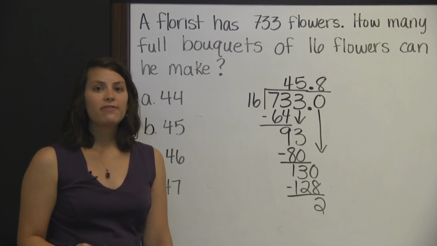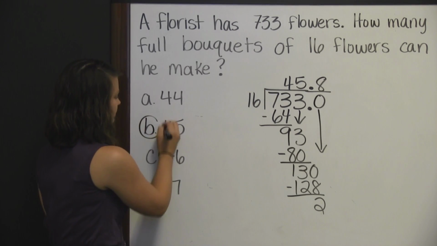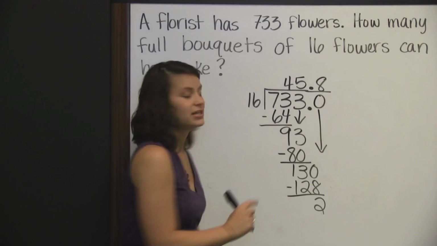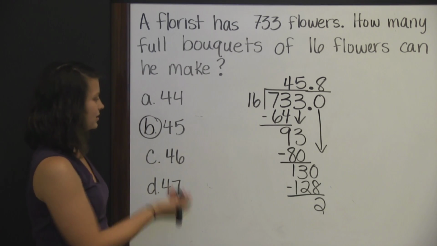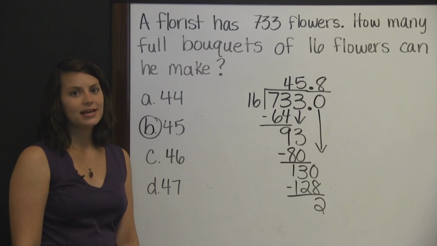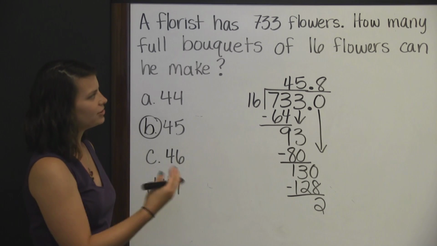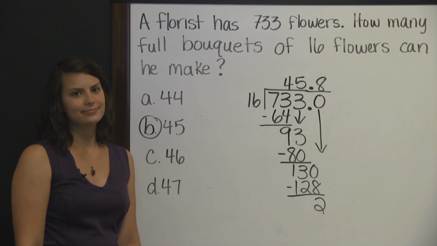You can make 45 full bouquets with some flowers left over. Actually, 13 flowers is what would be left over, or 8/10. So our answer is B. 45 full bouquets of flowers can be made out of the 733 flowers using 16 in each bouquet.